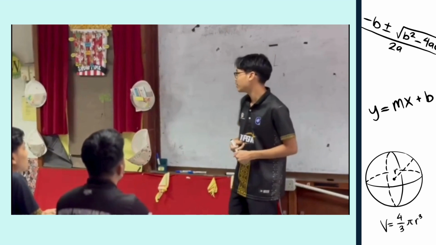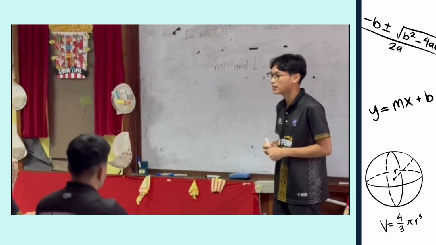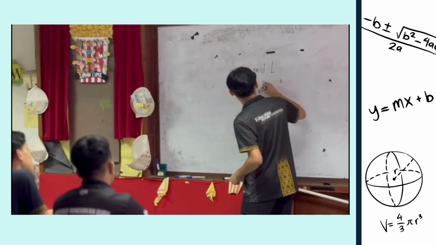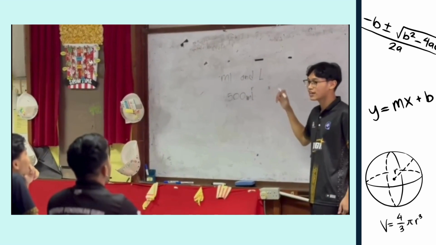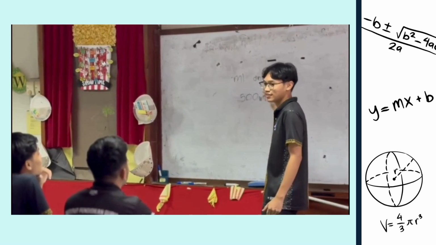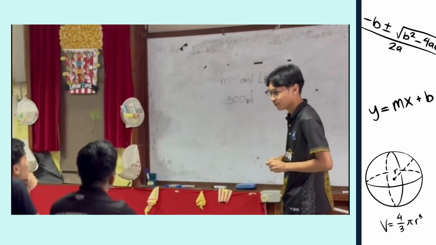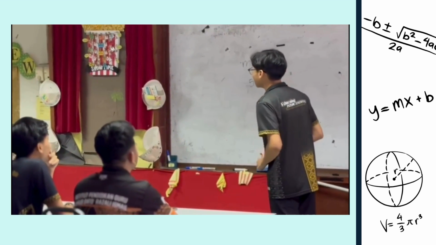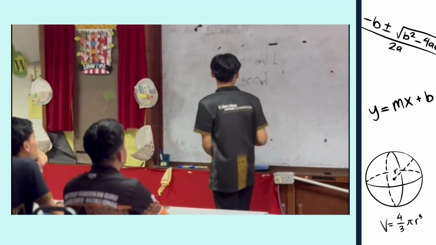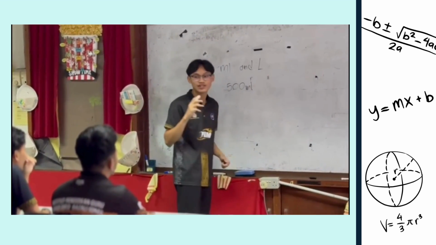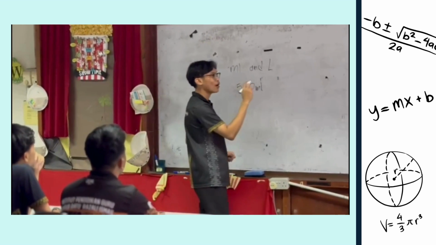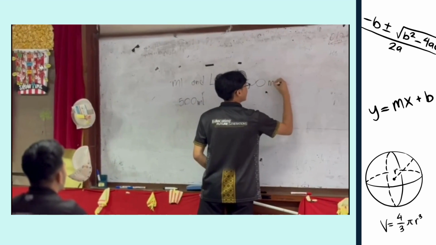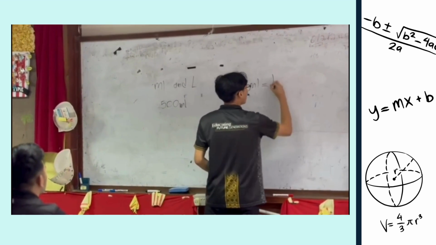If I give you 500 milliliter, how do we convert 500 milliliter to liter? For your information, 1000 milliliter is equal to 1 liter.